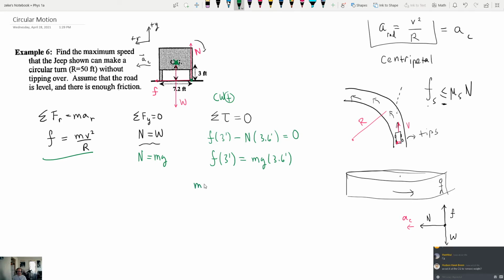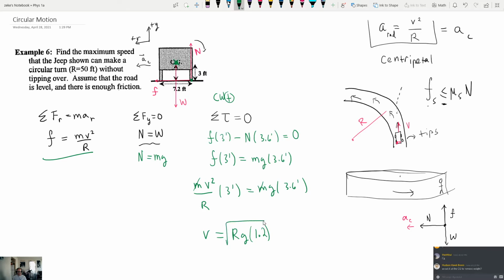So we'll have mv squared over r times 3 feet is equal to mg times 3.6 feet. And now I think we can solve for velocity. The masses cancel. Our velocity is going to end up being equal to the square root of r times g multiplied by 3.6 divided by 3, which is 1.2, I think. Right?